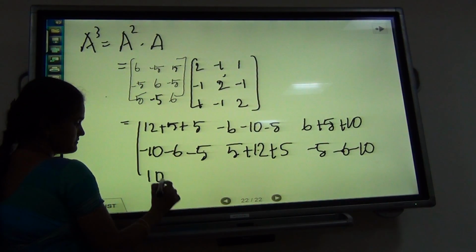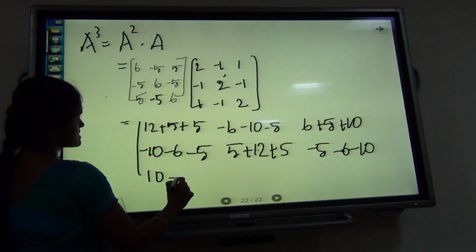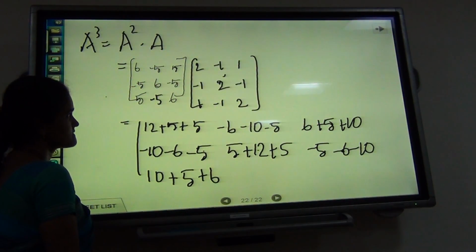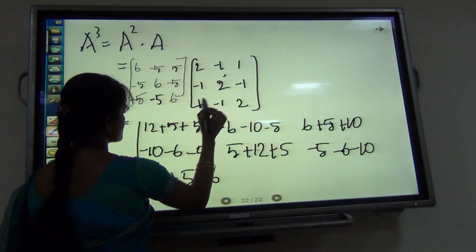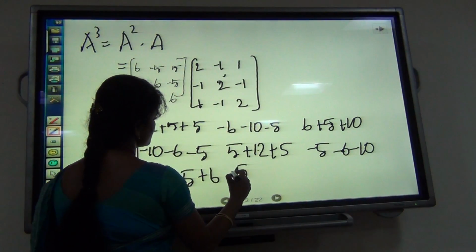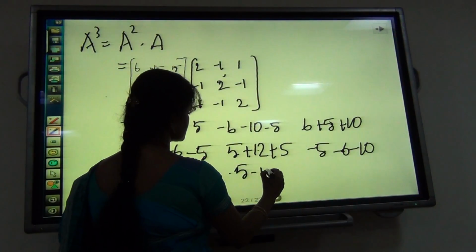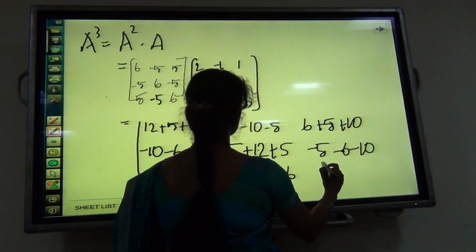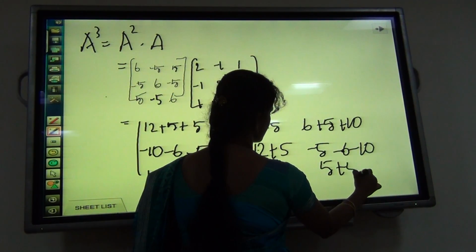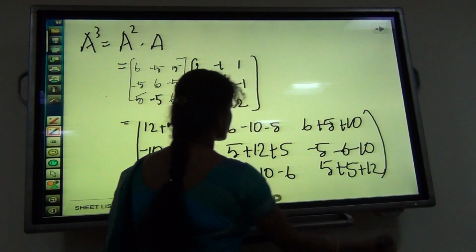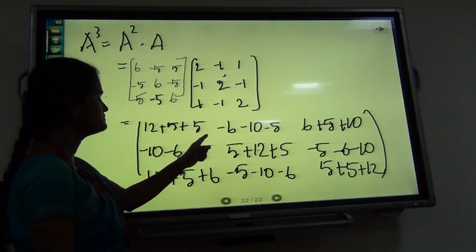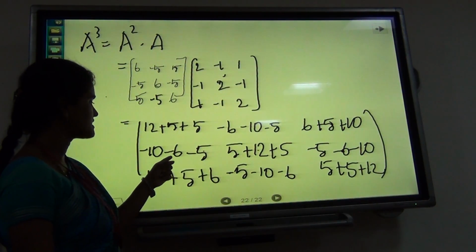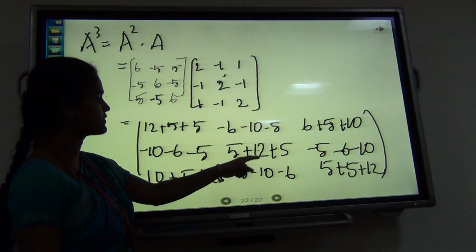Second column 5 minus 5 minus 10 minus 6. And the last entry is 5 plus 5 plus 12. So adding this you get 22 minus 21, 21 minus 21, 22, 21.